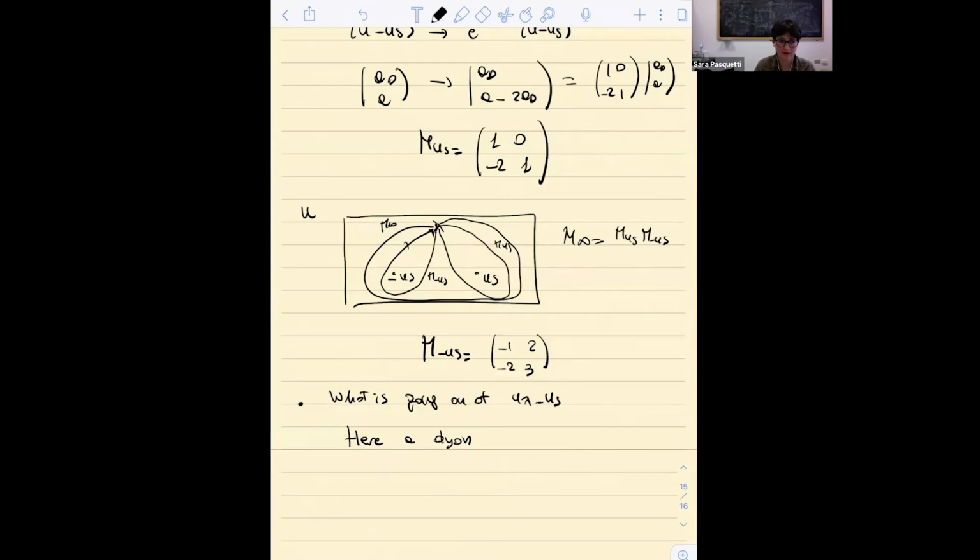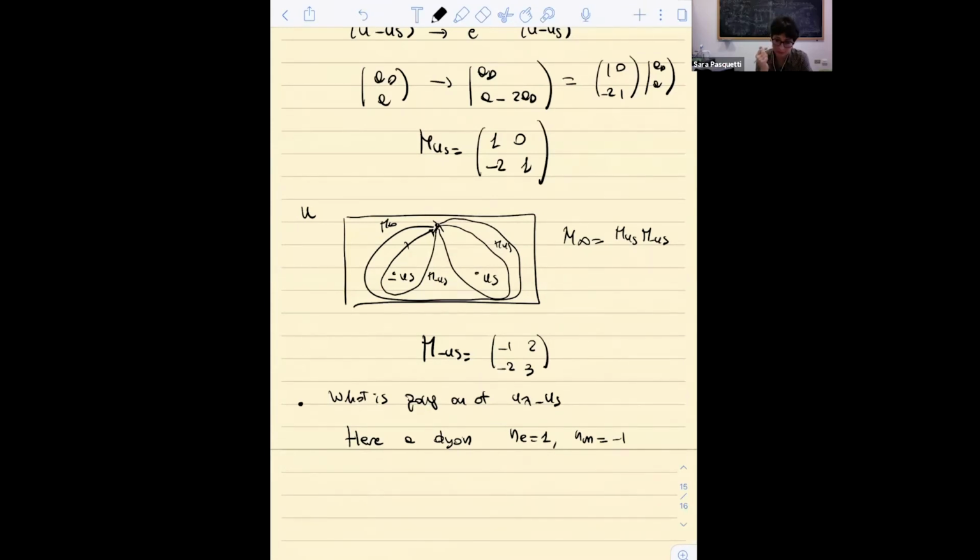So the dyon is a particle with electric charge 1 and magnetic charge -1. Well, in general, a dyon has both electric and magnetic charge. So the hypothesis by Seiberg and Witten is that what's going on at the other singular point is that a particle with this set of charges is becoming massless.